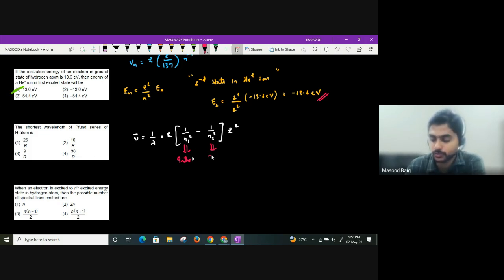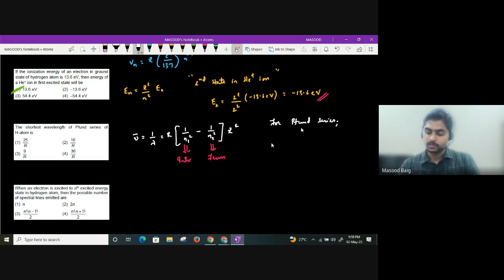And n2 is the principal quantum number of the orbit from which it is making the transition. For the Pfund series, guys, although they will usually ask you Lyman, Balmer or Paschen, Lyman, Balmer, Paschen, Brackett and Pfund. For the Pfund series, it makes a transition into which state? Into the fifth state, guys.